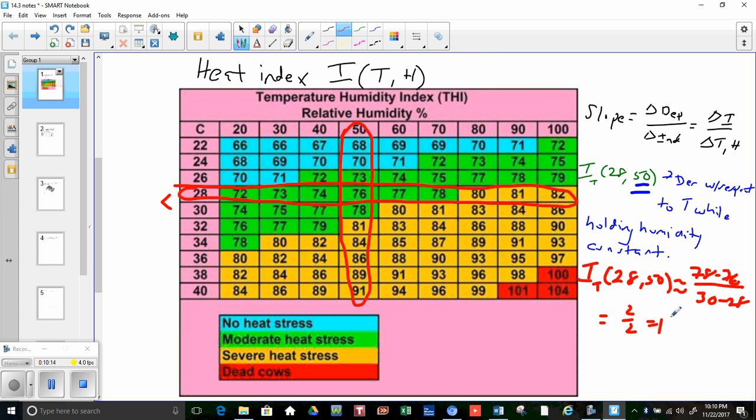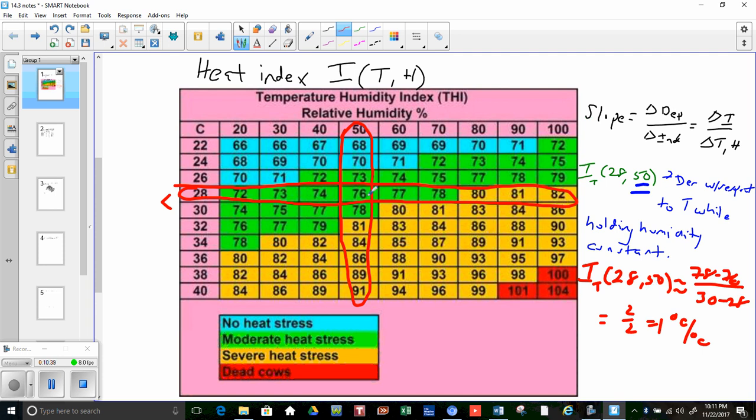That's going to be a change of 1 degree Celsius per degree Celsius. I don't know if it's supposed to be Celsius or not, but that's what you're going to get. So you're going to get 1 degree change of the heat index per change of the actual temperature if we were to hold the humidity constant at 50.